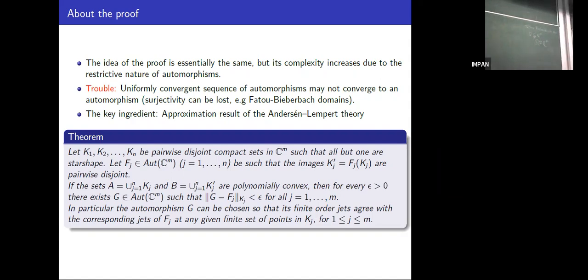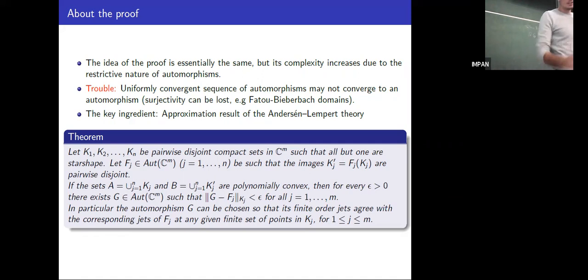If you are given compact sets, let's call them K1 to Kn, which are pairwise disjoint, and such that all but one are star-shaped, just think of them as balls, for example. And on each of them you have your map, let's say, defined automorphisms. So on K1, I want this kind of action, on K2, I want this kind of action, and so on.